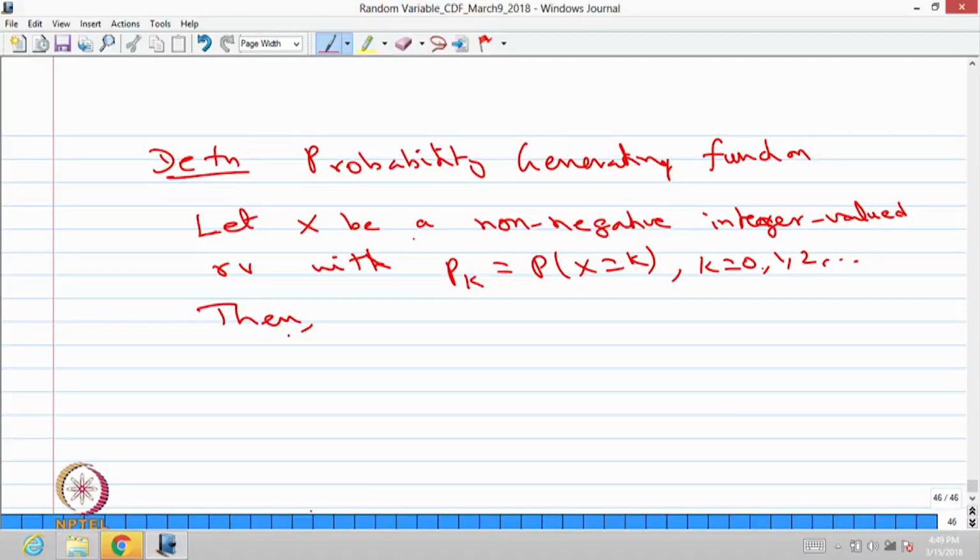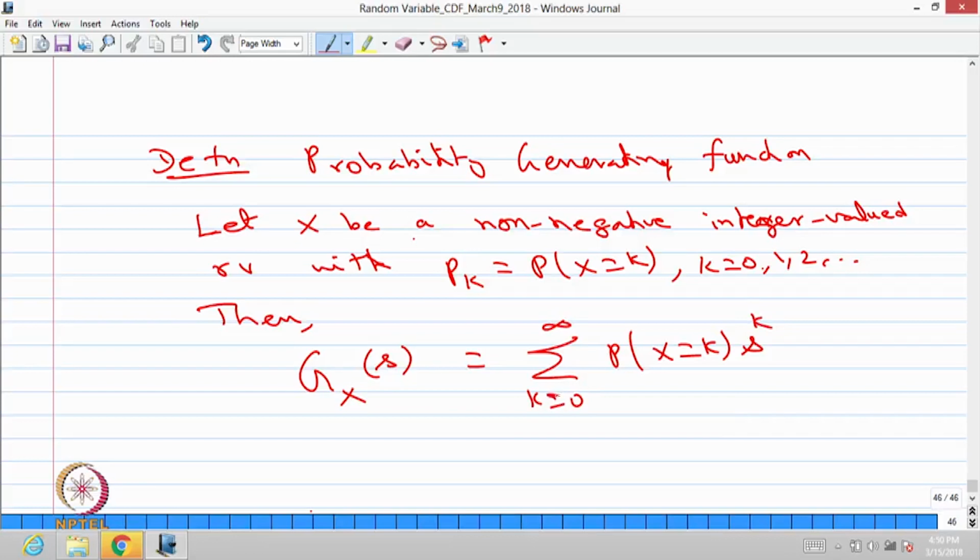Then one can define the probability generating function as g suffix x as a function of s, that is nothing but summation probability of x takes the value k, s power k, where k takes a value from 0 to infinity, where s is the real variable which lies between minus 1 to 1.